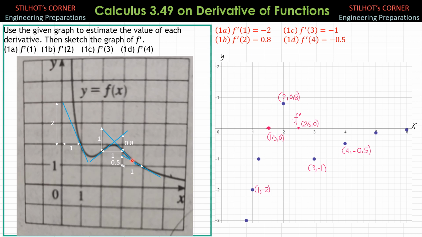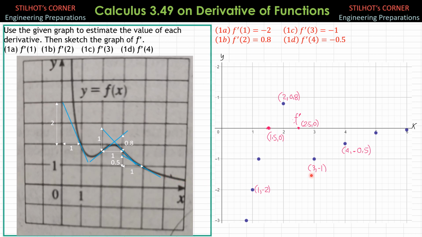about, sorry, here about 2.5, this is the highest point, so the tangent is horizontal, so that's why it's 0. Then when x is 3, we have negative 1, 3 comma negative 1. When x is 4, we have negative 0.5. Then when x is 5 here, not shown, but the slope is negative, but it is decreasing.